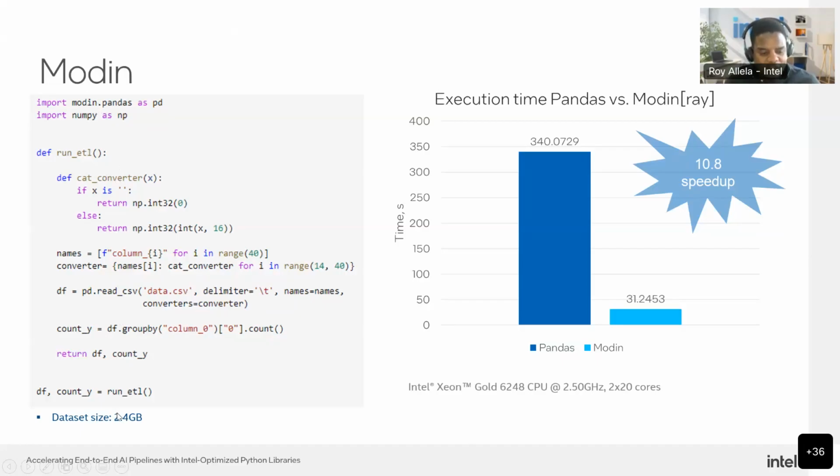And the dataset size is about 2.4 gigabytes. On the right, we see a plot of the performance comparison, where the same function with Pandas takes about 340 seconds, and in Modin it takes about 31 seconds. So it's about a 10.8x speedup.